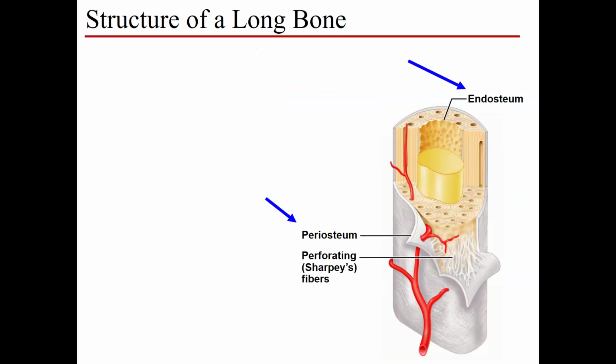Where do they hang out? Around the bone. Sharpie's fibers or other, it's all protein, guys. These are all just connective tissues made of different proteins. Everything's protein, you'll find. Protein and water. These are just certain protein fibers that attach the periosteum to the bone.